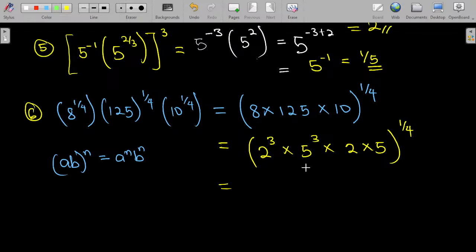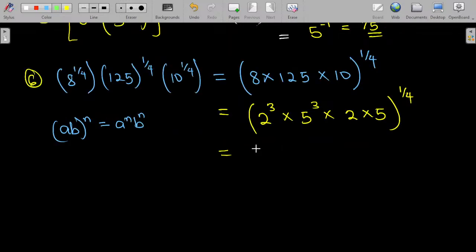Okay, are you seeing what I'm seeing here? You can clearly see now that there is 2 to the power of 3 and 2 to the power of 1 and 5 to the power of 1 and also 5 to the power of 3. So I can multiply these two now. That's 2 to the power of 3 and 2 to the power of 1. Equal bases, you add their powers, which will give you 4.